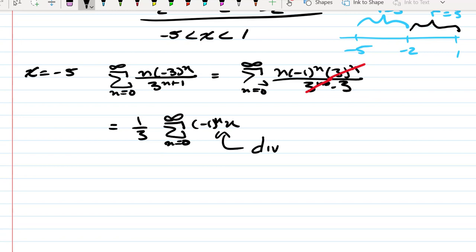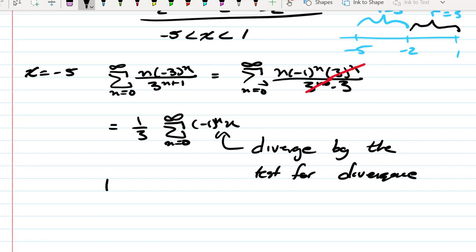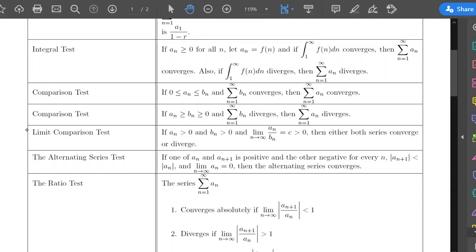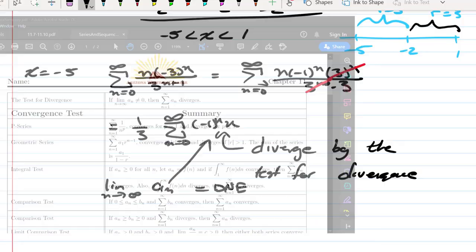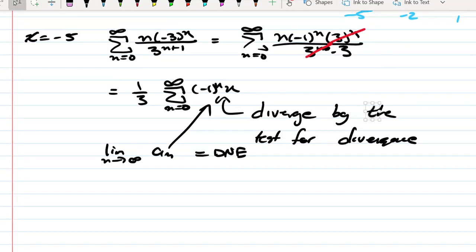And this is going to diverge by the test for divergence, because the limit as n goes to infinity of our a sub n does not exist. So if we look at the test for divergence, it says if the limit as n goes to infinity of the a sub n's isn't 0, then the series diverges. So that just diverges by the test for divergence.